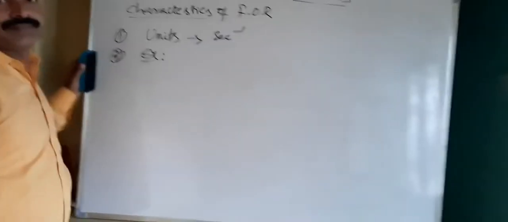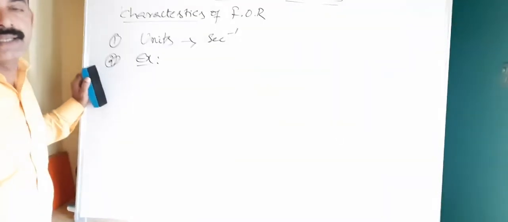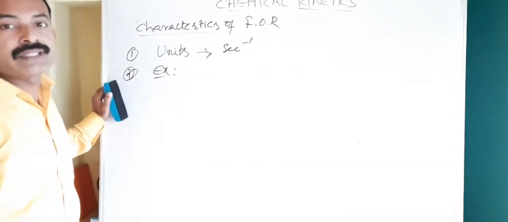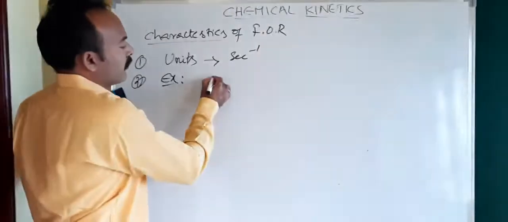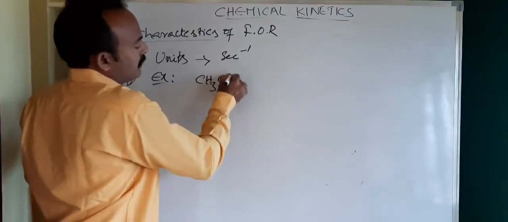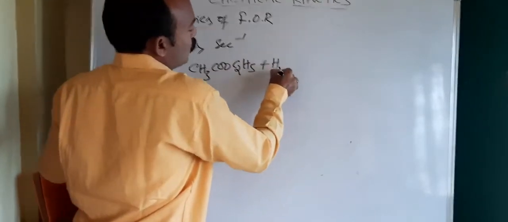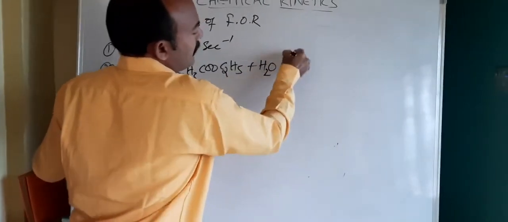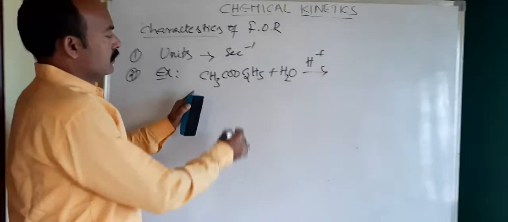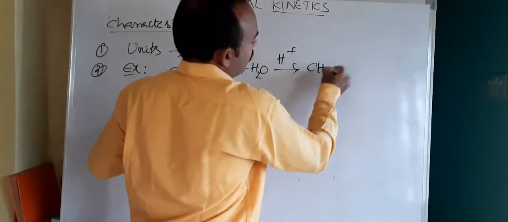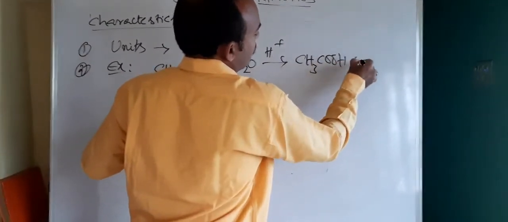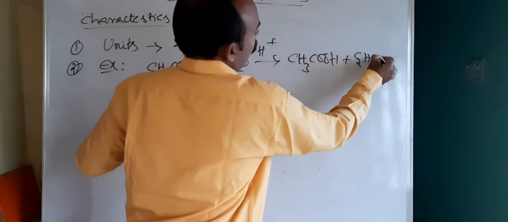Second one, examples. Ester hydrolysis in acidic medium is a first order reaction: CH3COOC2H5 plus H2O in presence of acidic medium gives CH3COOH plus C2H5OH.